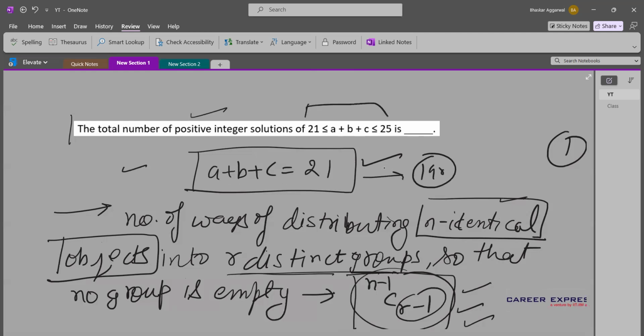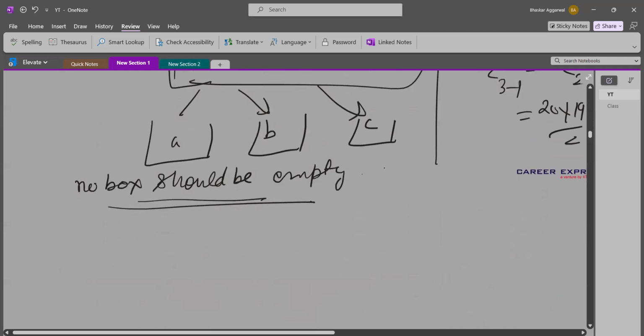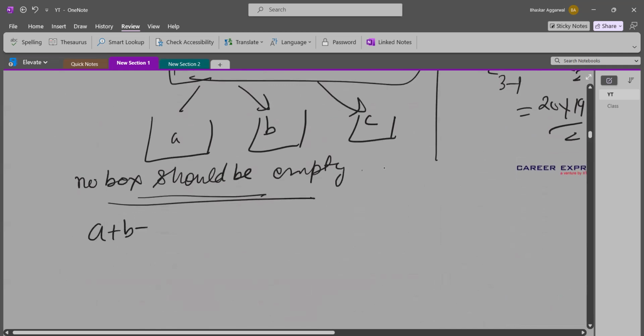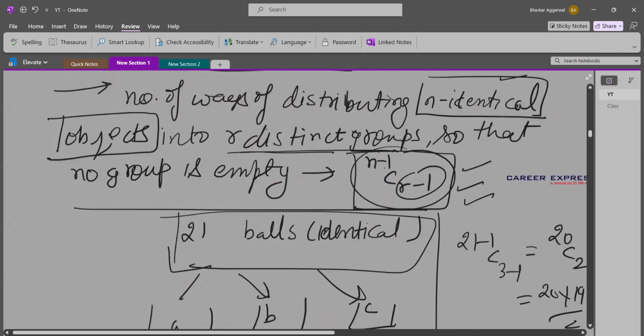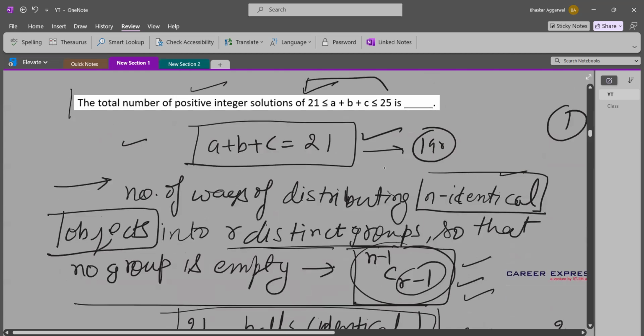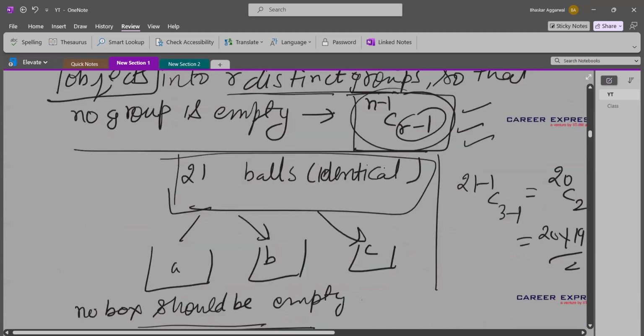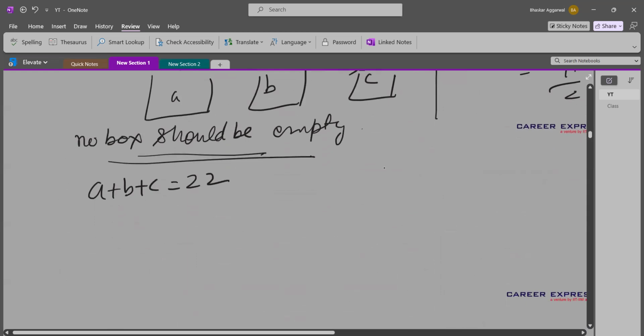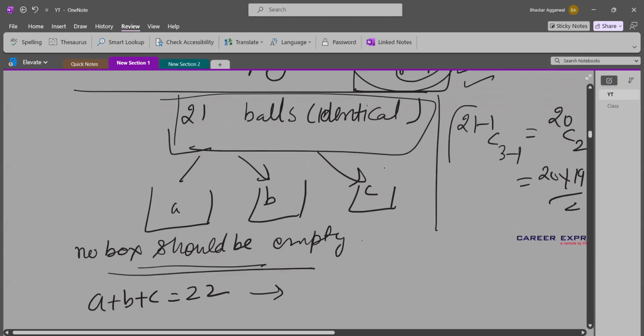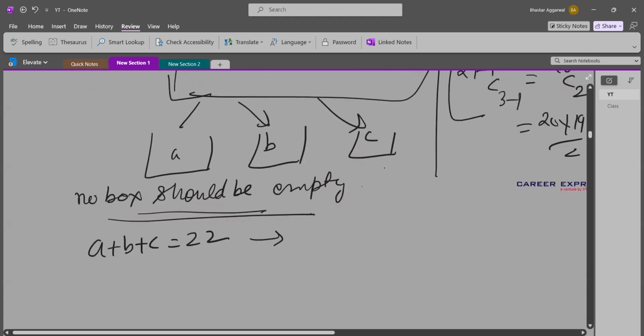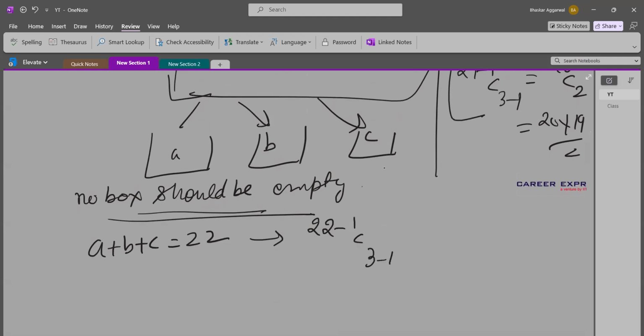But we have to find other values also. What if A plus B plus C is 22? Because A plus B plus C can be anything from 21 to 25. We can use the same process, so I will not repeat the entire thing. I will simply write 22 minus 1 C 3 minus 1, so it will be 21C2.